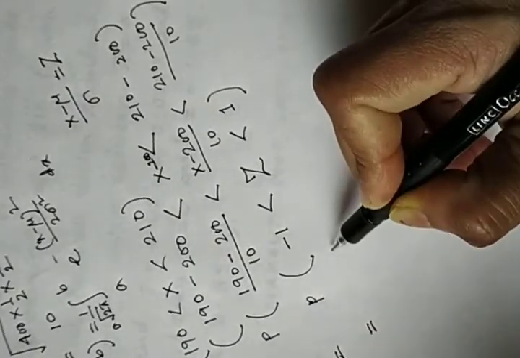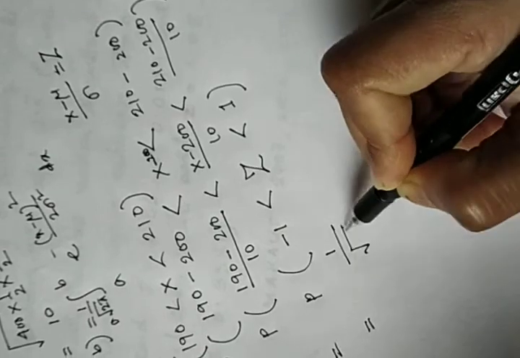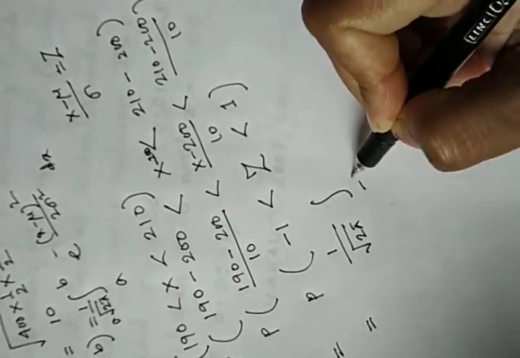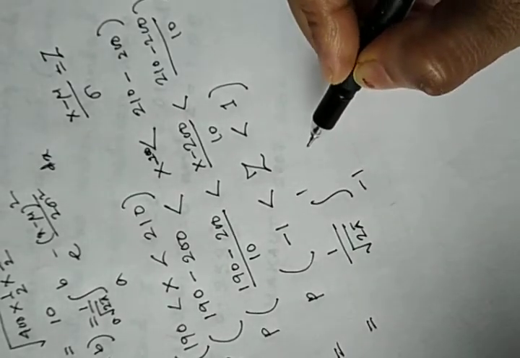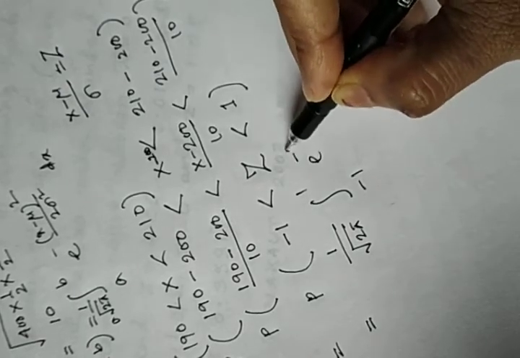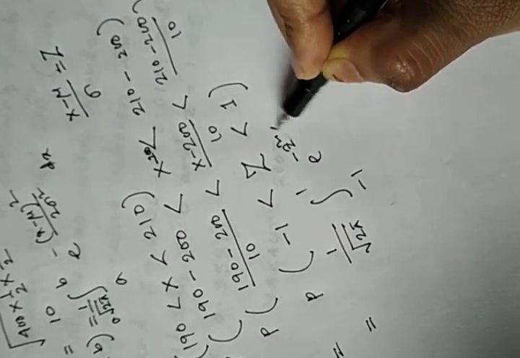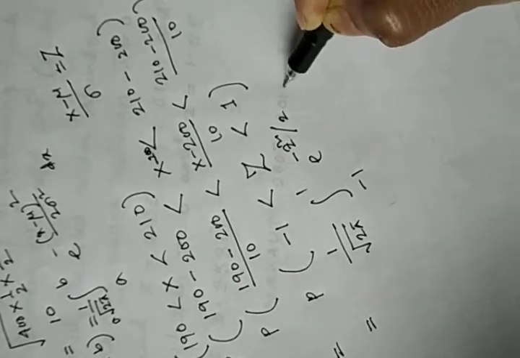So using that, we can write here 1 by root over 2 pi integral from minus 1 to 1 of e power minus z square by 2 dz.